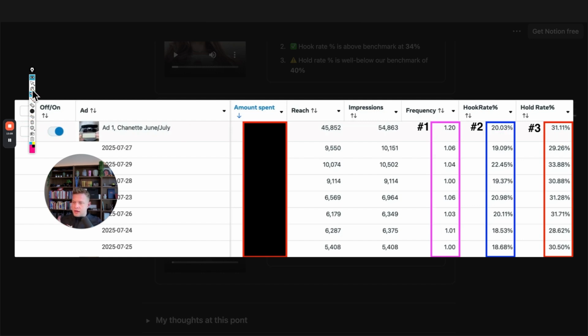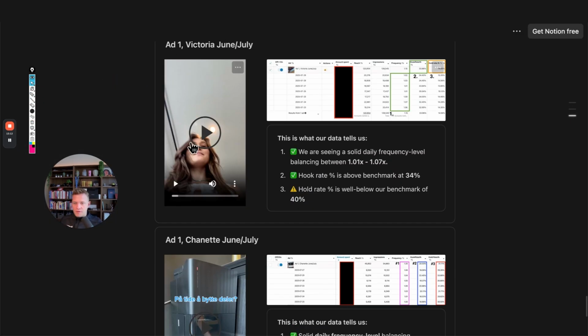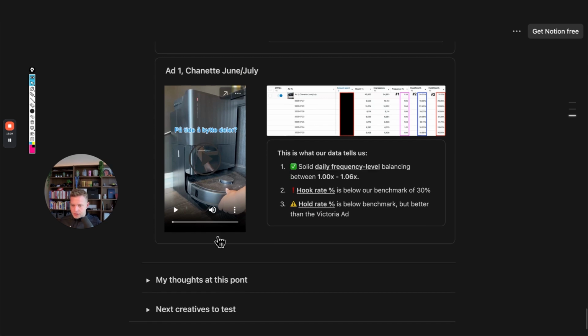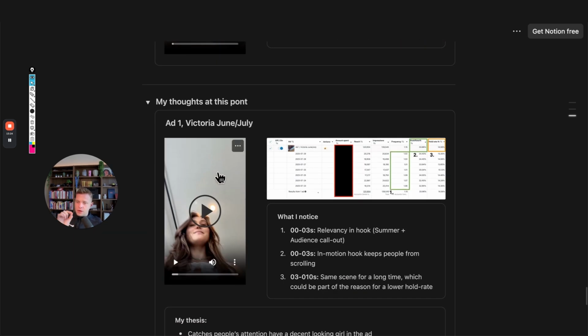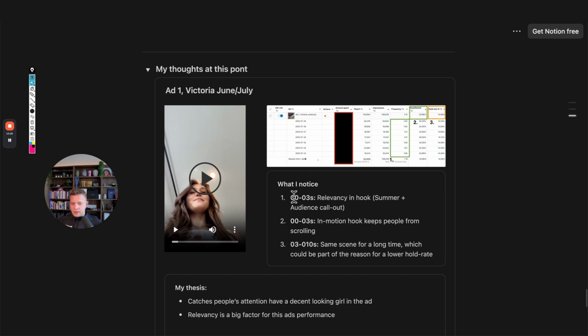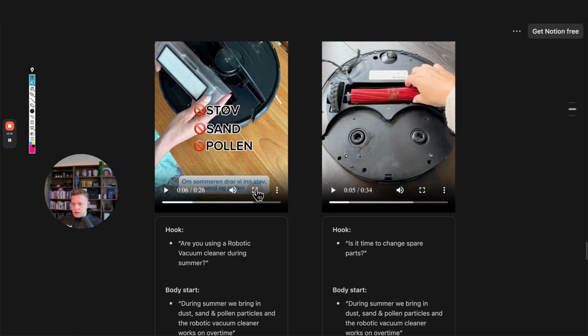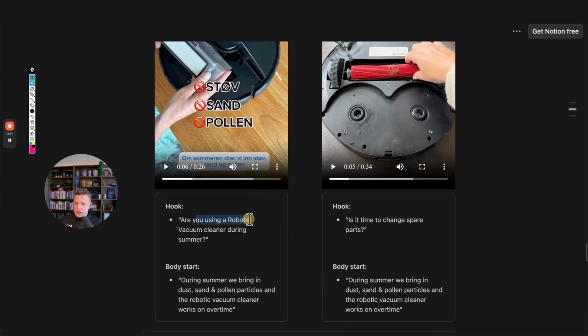So what can we take of learnings when we have analyzed these two ads side by side and looked at the frequency, the hold rate, and the hook rate? My thoughts at this point: what I notice with Victoria is that in the first 3 seconds, there's relevancy in the hook, the summer, and the audience call out. The hook is, are you using a robotic vacuum cleaner during summer?